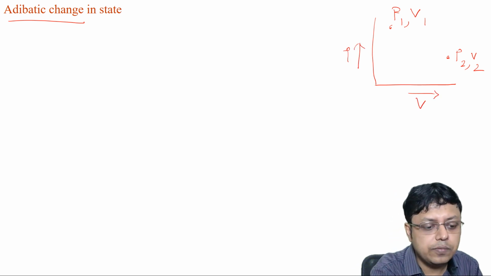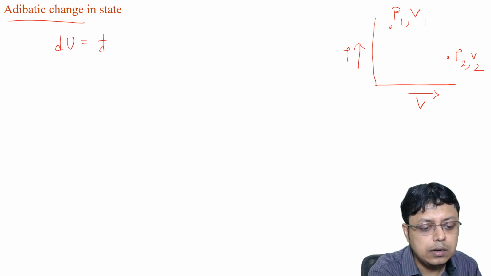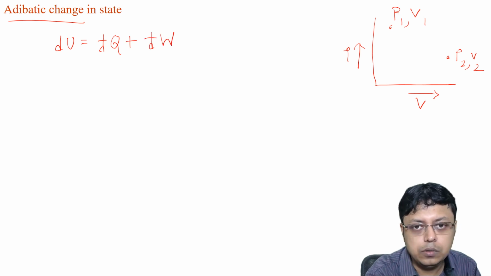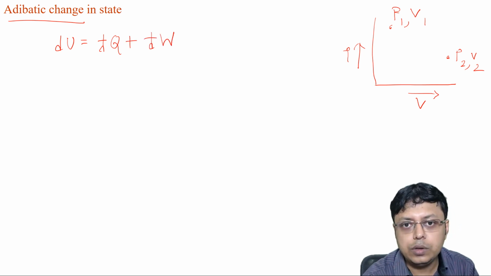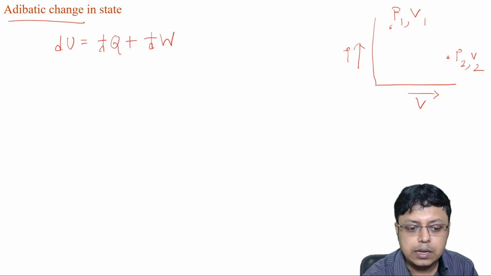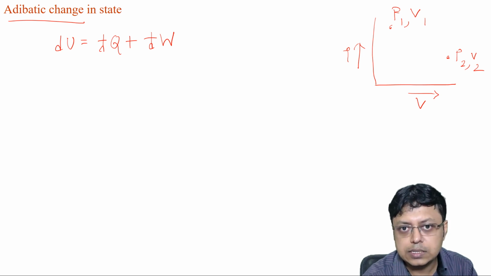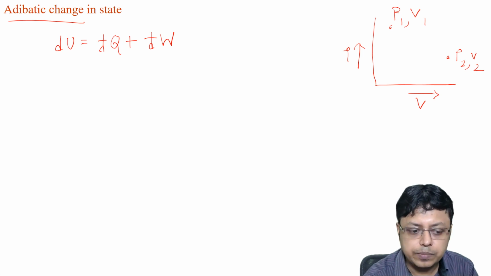So using the first law, we can write dU is đq plus đw. Again remember that we are using d for exact differential and đ for inexact differential because internal energy U is a state function, whereas heat denoted as Q and work denoted as W are path functions.